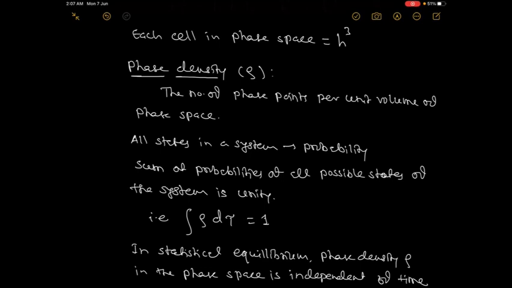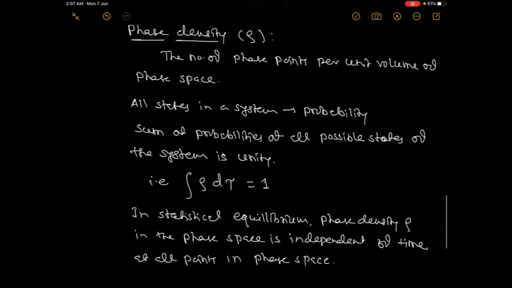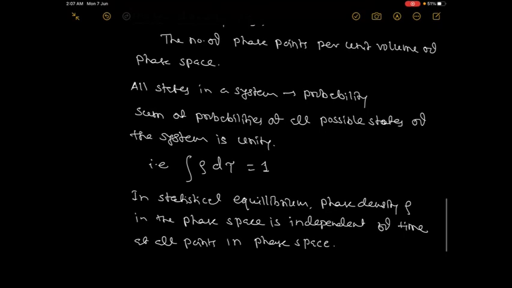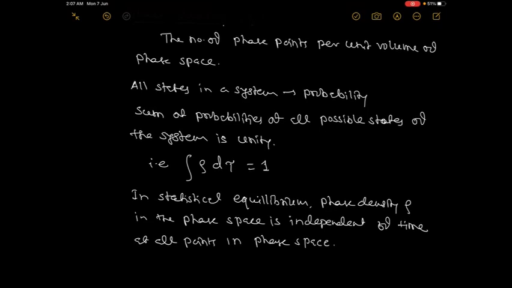If the system is in statistical equilibrium, then the phase density is independent of time at all points in the phase space, and that is the result of that article. Thank you.